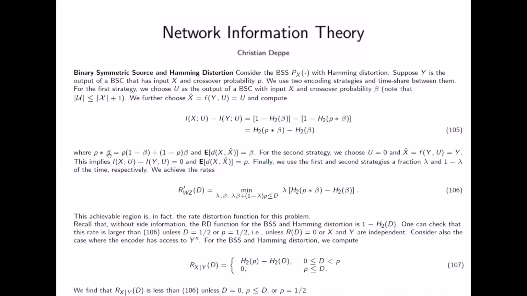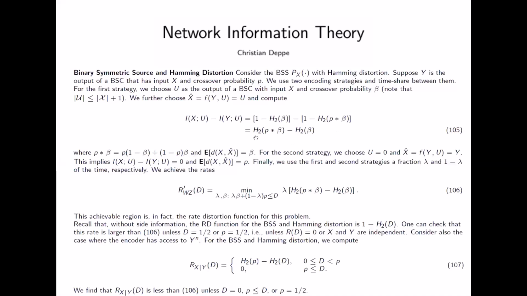Then the probability is equal to P star beta. Because I know U, this is the probability that X is equal to 1 times P, and here X is equal to 0 times 1 minus P. And so that's the probability distribution for Y under the condition U, and therefore we get the binary entropy of P star beta.